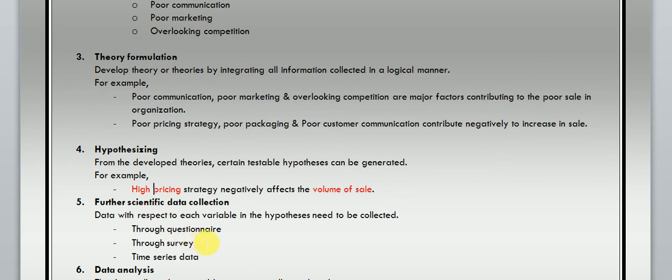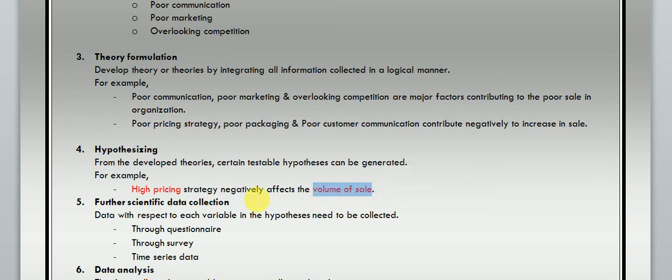Also, besides surveys, you may collect some time series data. Collect all the high prices, the periods in which high prices were set, and also in that time the volume of the sale.